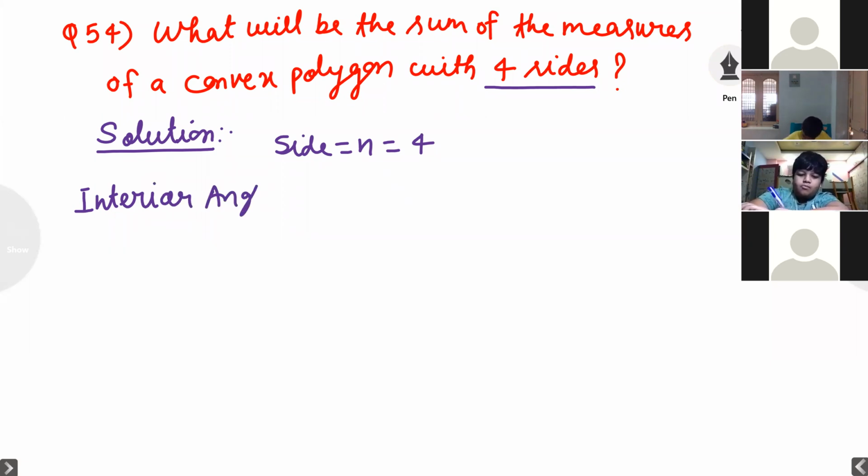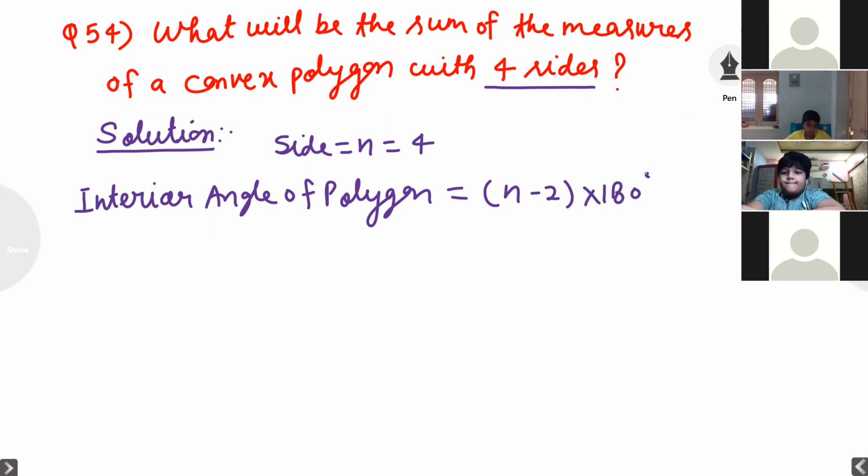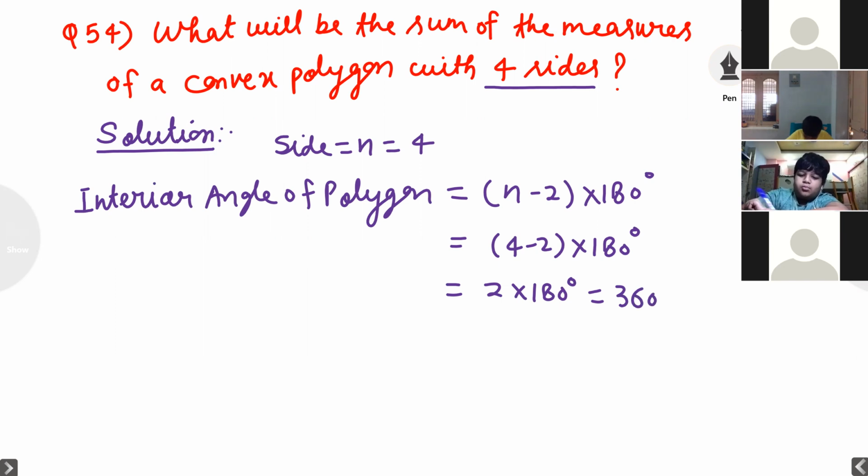Interior angle of polygon. What is the formula? n minus 2 into 180 degree. The value of n he has given is 4. 4 minus 2 into 180 degree. 4 minus 2 means 2. 2 into 180 is equal to 360 degree. Already we know the sum of measures of a quadrilateral is equal to 360 degree.